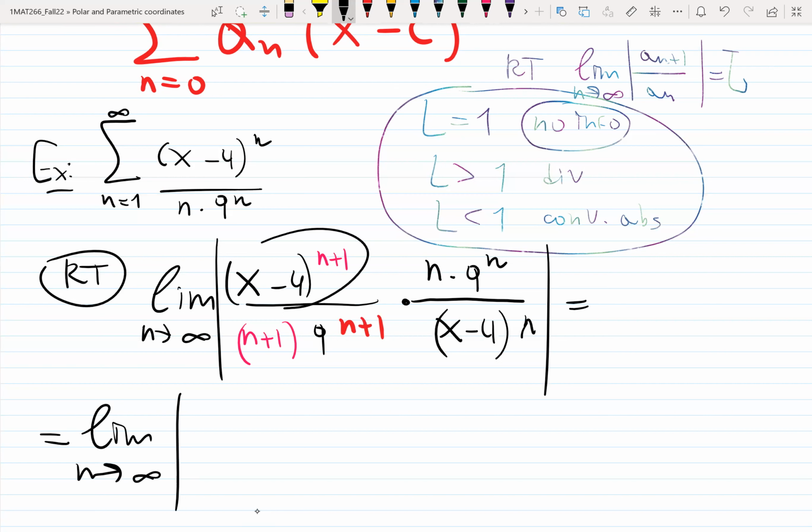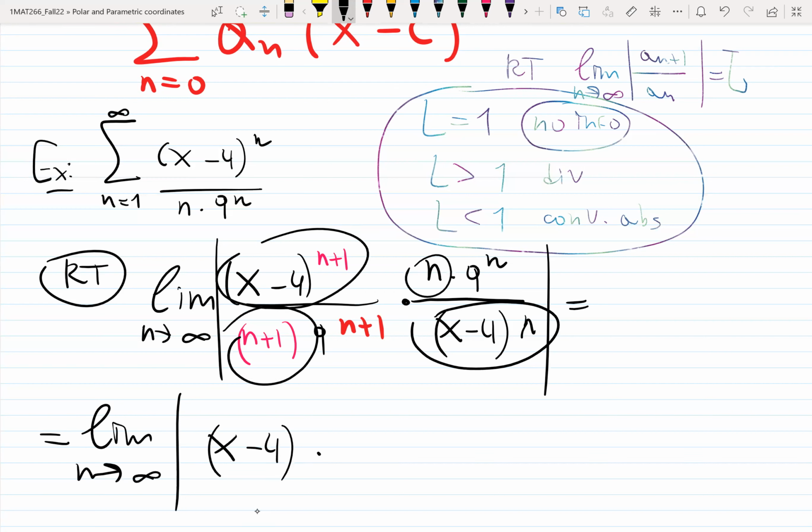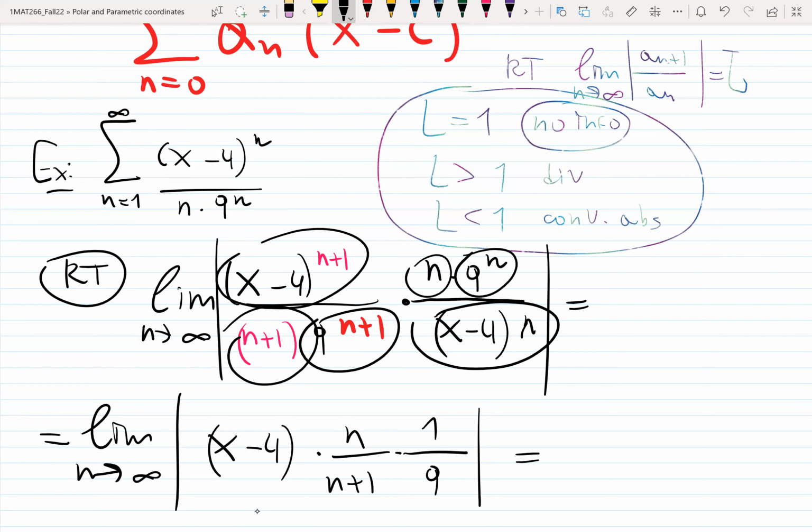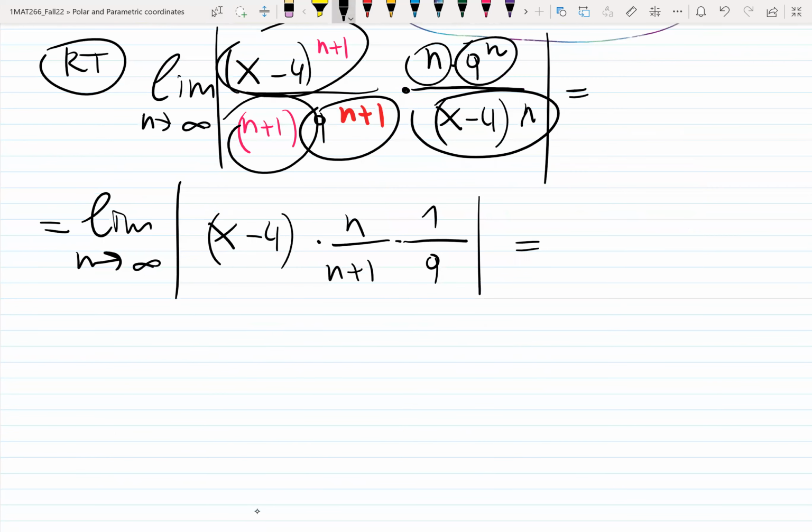(x minus 4) to the n plus 1 over (x minus 4) to the n gives you x minus 4. n over n plus 1 stays n over n plus 1. Don't touch that. 9 to the n over 9 to the n plus 1 is 1 over 9. I'm skipping details because we practiced it a lot, so you do it by yourself now. What is constant for the limit? n is the only variable, so whatever has n is changing.